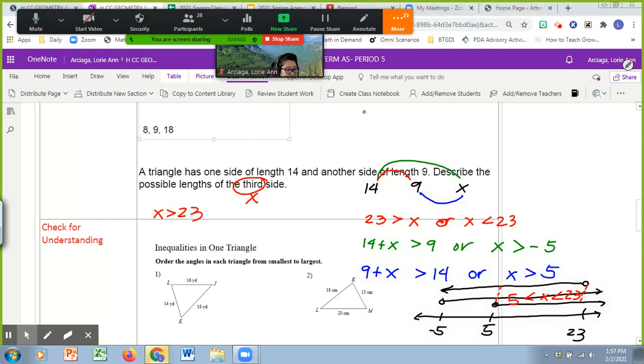So if I have 6 and 14, can you tell me what x could be for the first two sides using the shortcut? Anybody? What's the lower limit?